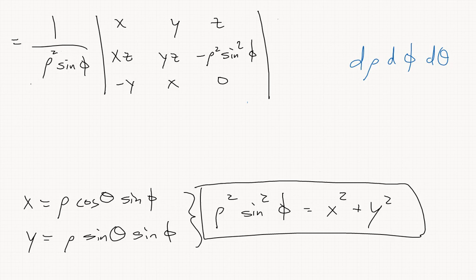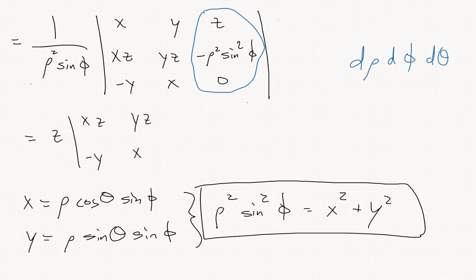So this is the key thing we need to simplify this. Now we can evaluate this determinant by expansion along this column. So this is equal to z times the determinant of xz, yz, negative y, x, plus rho squared sine squared phi times the determinant of x, y, negative y, x.